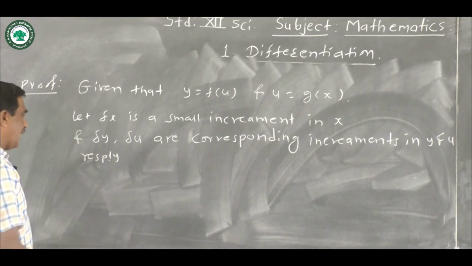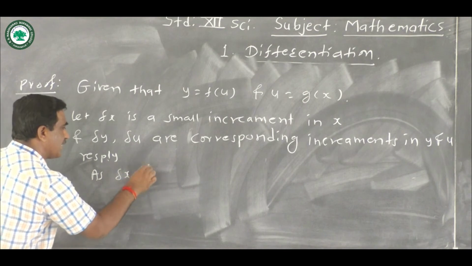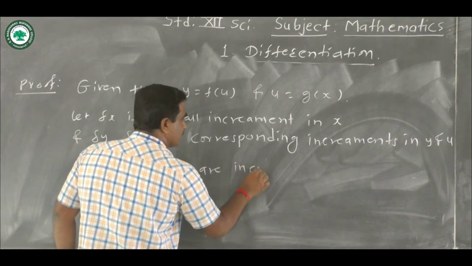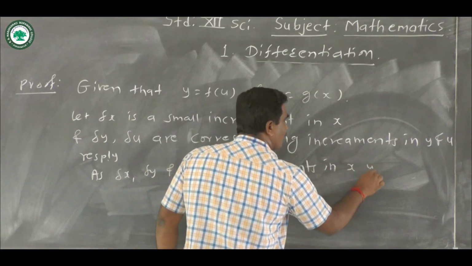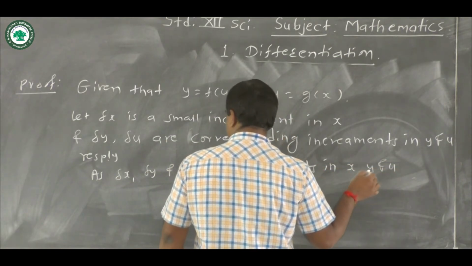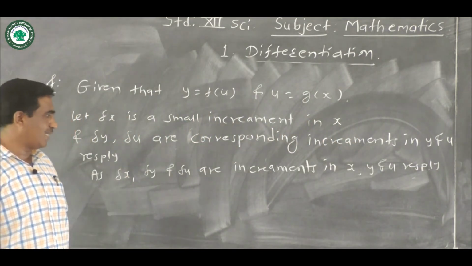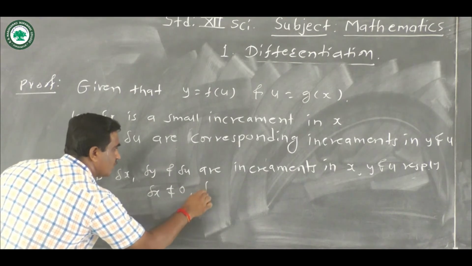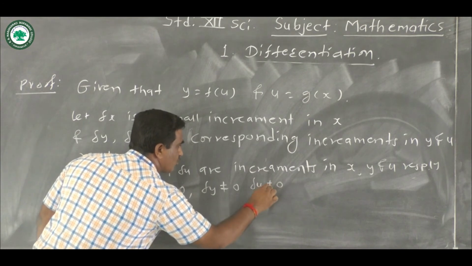Now as delta x, delta y and delta u are increments in x, y and u respectively, they are non-zero, that is delta x not equal to 0, delta y not equal to 0 and delta u is also not equal to 0.